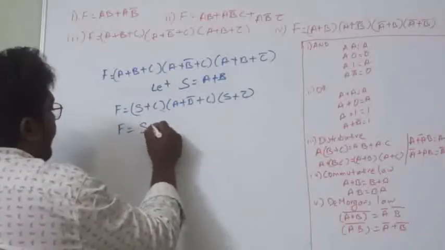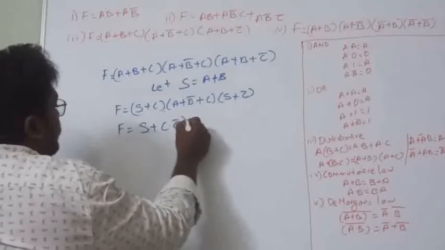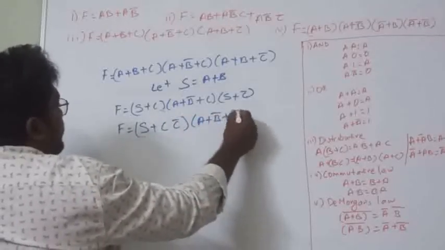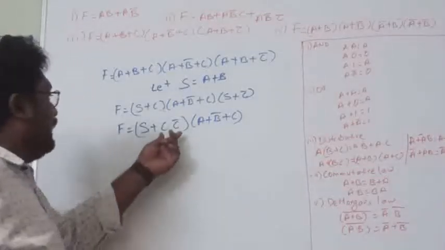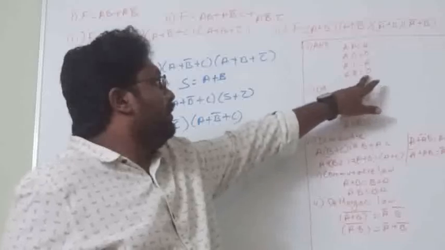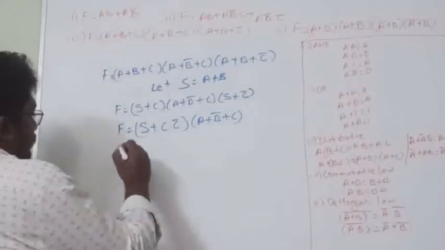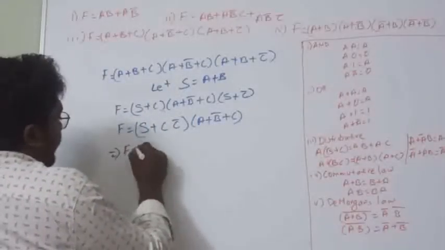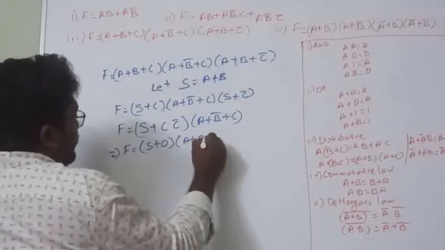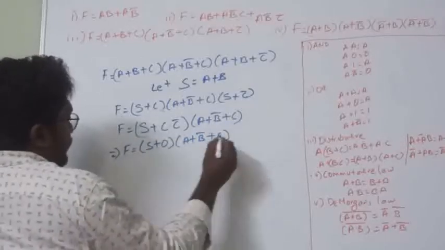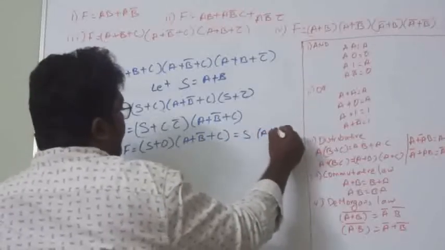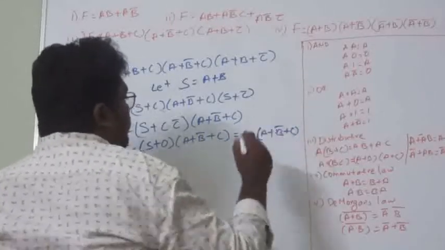So S plus C into C complement into A plus B bar plus C. So if we observe that C into C complement will be 0, that is A into A complement is equals to 0, then the function F is equals to S plus 0 into A plus B bar plus C. So this is equal to S into A plus B bar plus C.